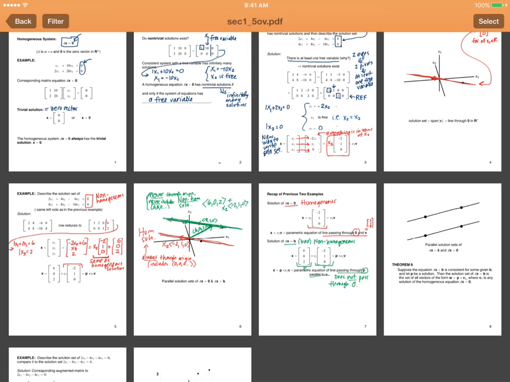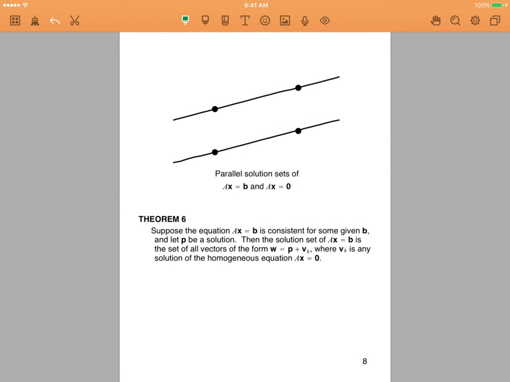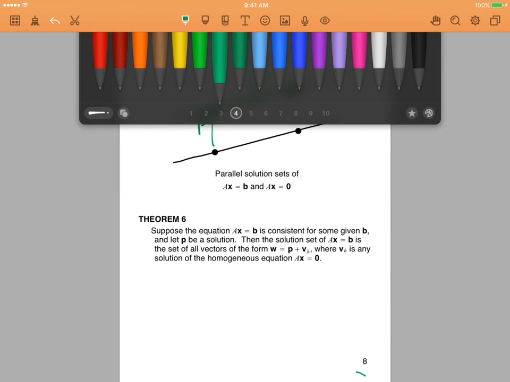So next page, more ways of summarizing what we've already said. This is pictures, just again the parallel solution sets, where I don't know if you want me to draw this in or not, but this guy would be P, and that would be V. P is called P for particular.